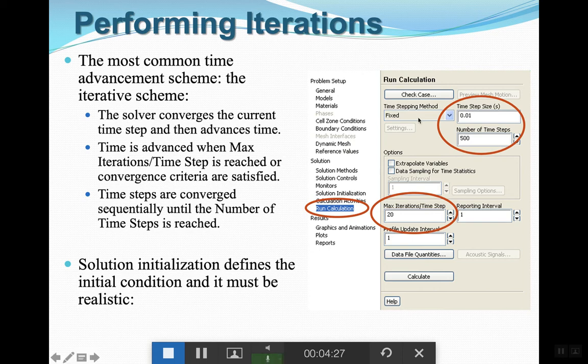It comes from the logic that essentially the simulation in each time step runs the same as a steady state simulation. So you remember the whole thing about performing an iterative process to come up with an accurate result.